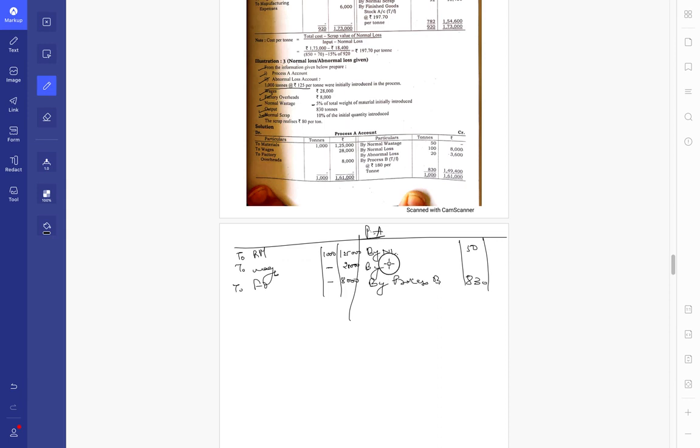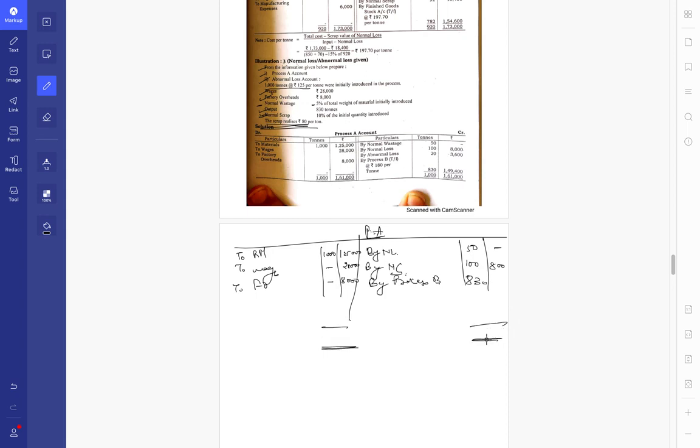Now we know that there is a normal scrap too. The scrap always goes out. That would give us the scrap value 80 per ton, and normal is 10%, which would mean 100 units at 80. That would give us 800. And as of now the question is complete, so we are aware that there is no value for normal loss.